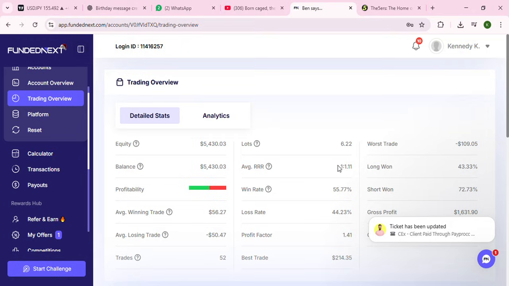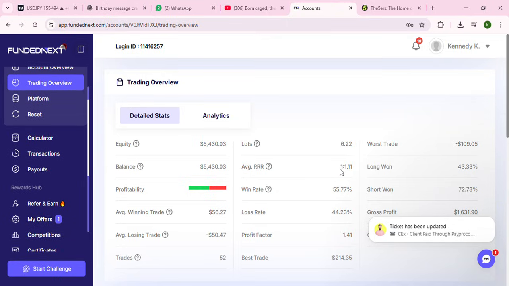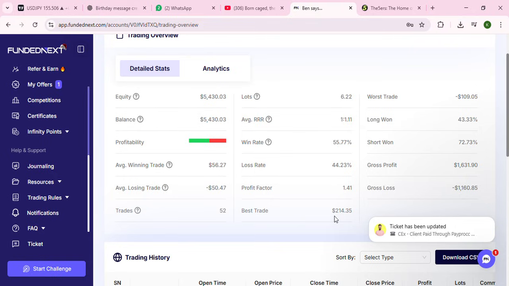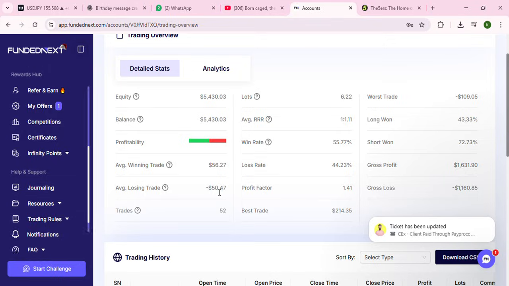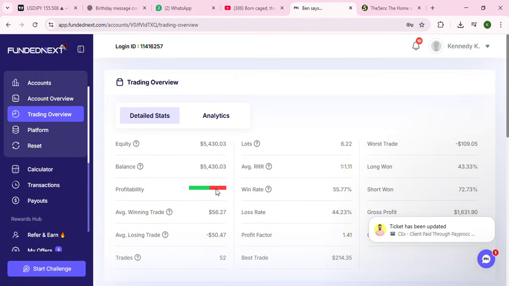So you can see again, I passed an account with a 1 to 1 R. My winning rate here was 55.7%. The loss rate was at 44.25, and the number of trades I took here were 52. Average win 56, average loss 50. You can see it's almost balancing at 50-50, which is good.